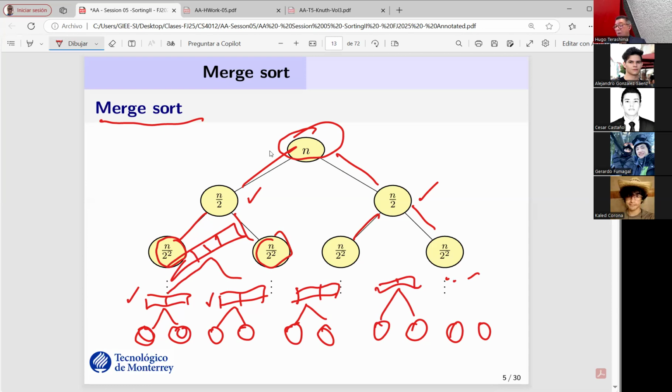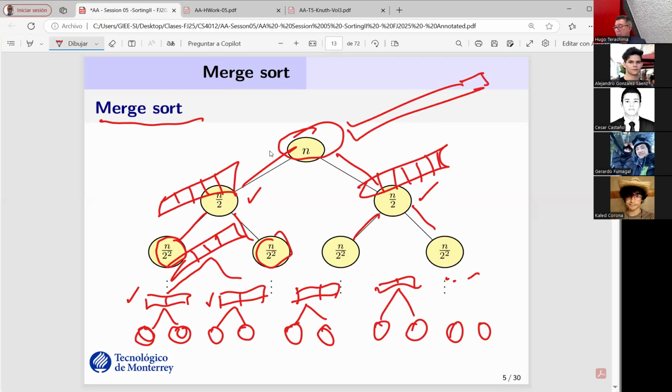And so on until you come up here and you have n over 2 elements sorted, n over 2 elements sorted, and then do the merge, and what you're going to have here at the end is n elements sorted. So I'm just showing you the process. What is the technique used in this algorithm?